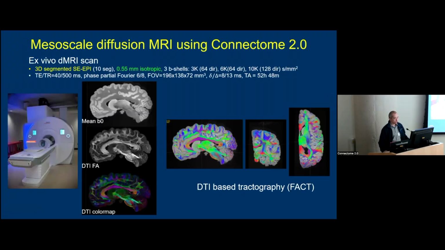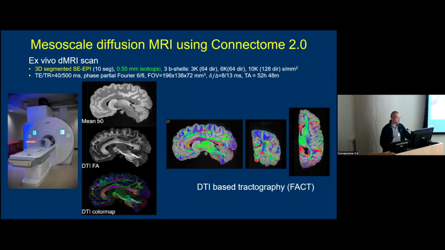Of course, for better training of our deep STI network, we also want to acquire high quality diffusion MRI data. So that's why last year we came to Susie and asked for help to get this high resolution diffusion MRI data scanned on the same human brain samples we have.